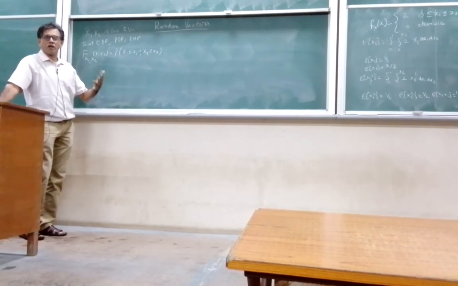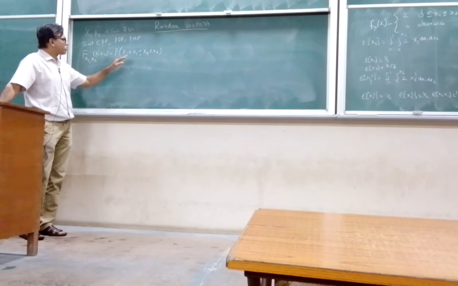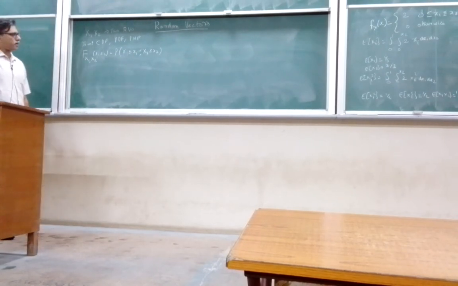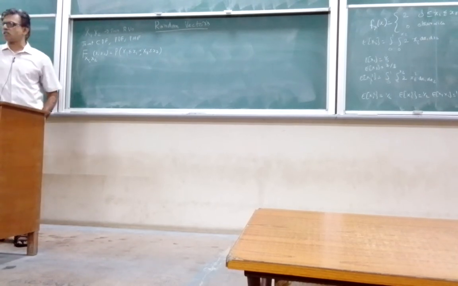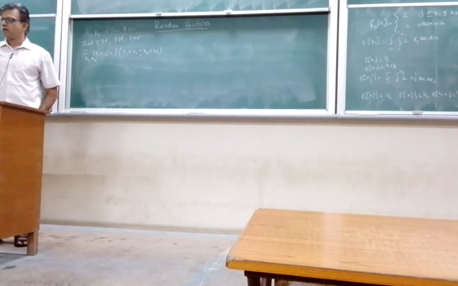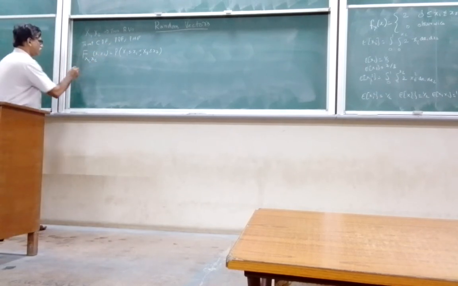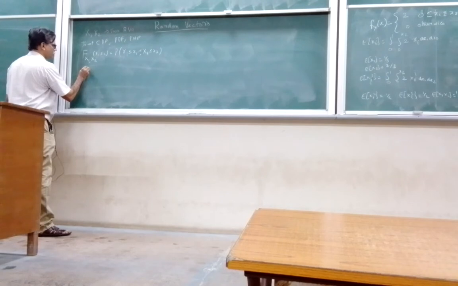X1 and X2 may not be independent, in which case you cannot write this as a product of two conditions. So this is how the joint cumulative distribution functions are defined. Similarly, density functions, PMF, we have looked at all those things.